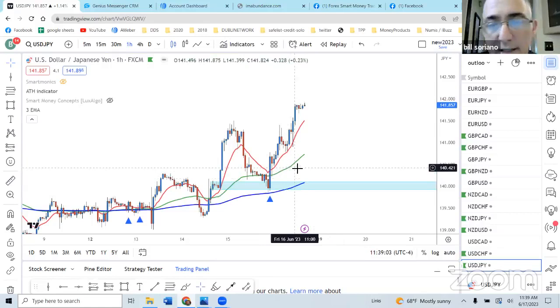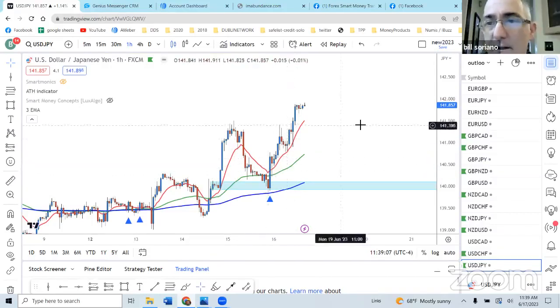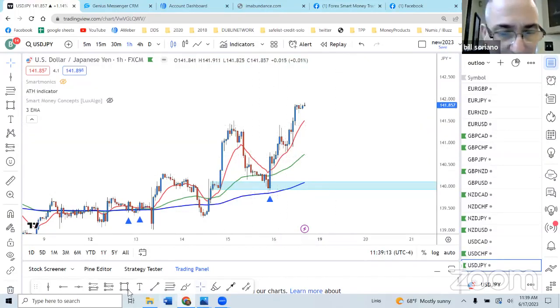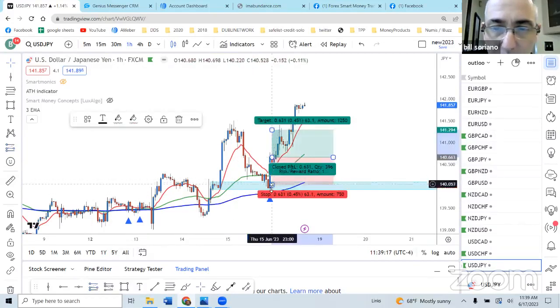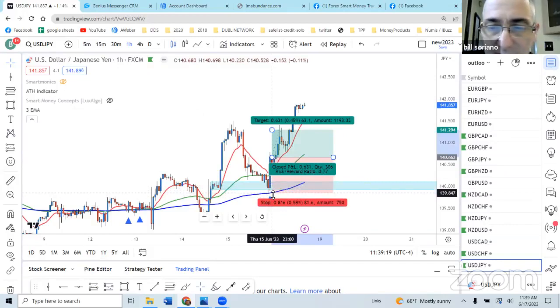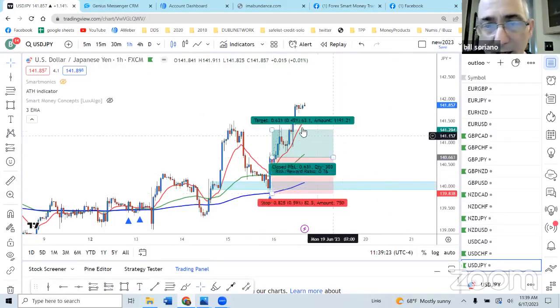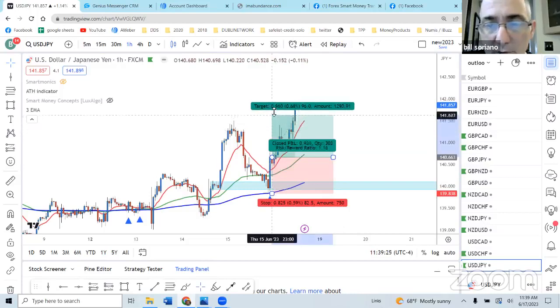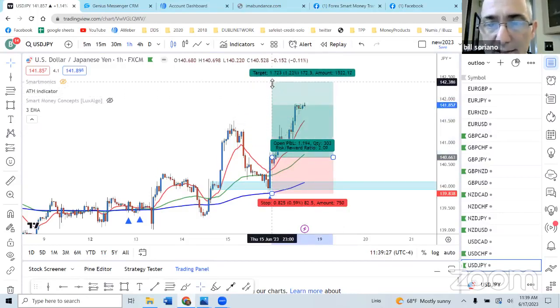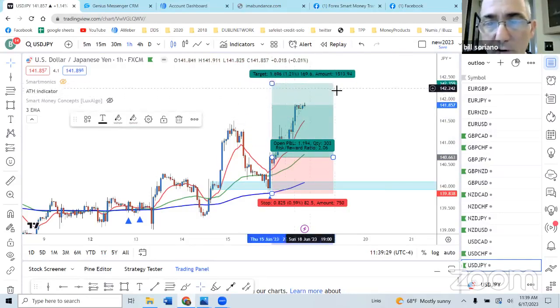So now you know when you get a candle like this, you almost have to wait for a retracement. Because if you just get in here at the open of the next candle, your risk is going to be over 80 pips here. So now, in order to get a 1 to 2 risk to reward ratio trade, price has to move all the way up to here, which it almost does.